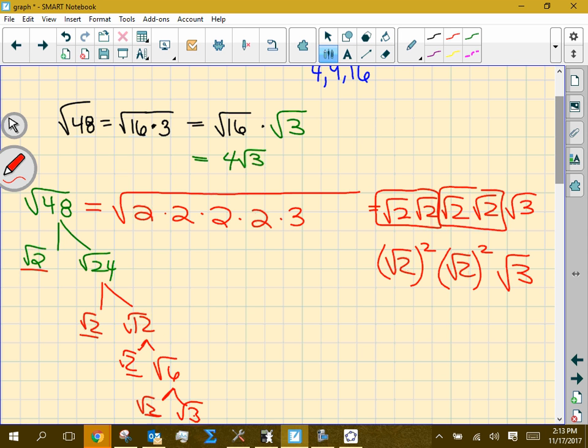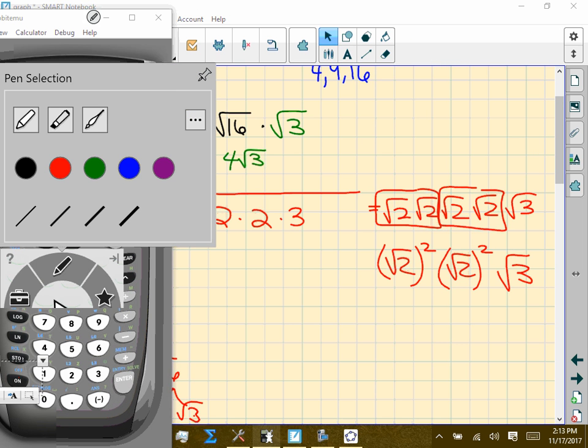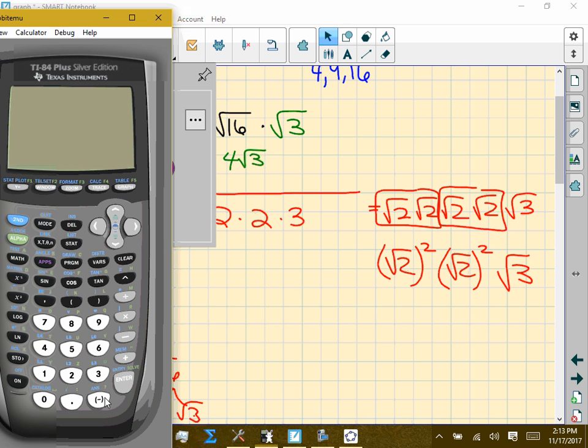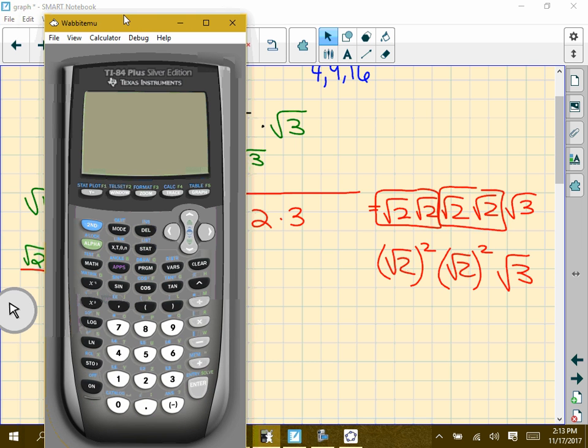What if I take, let's do a calculator quick. If I give you a radical number, square root, let's say, square root of 15, hit enter, gives me that number right there, right?